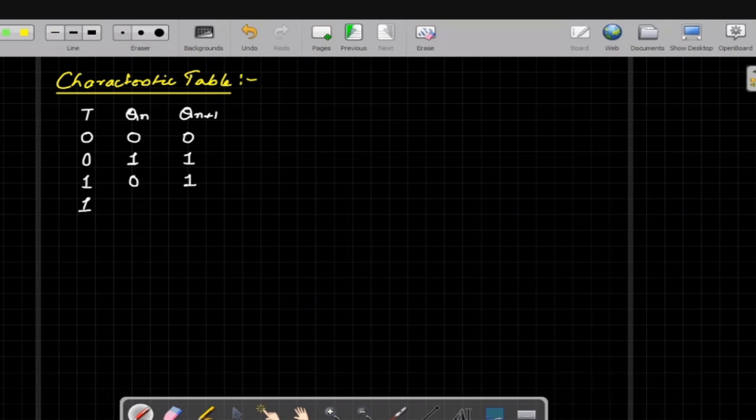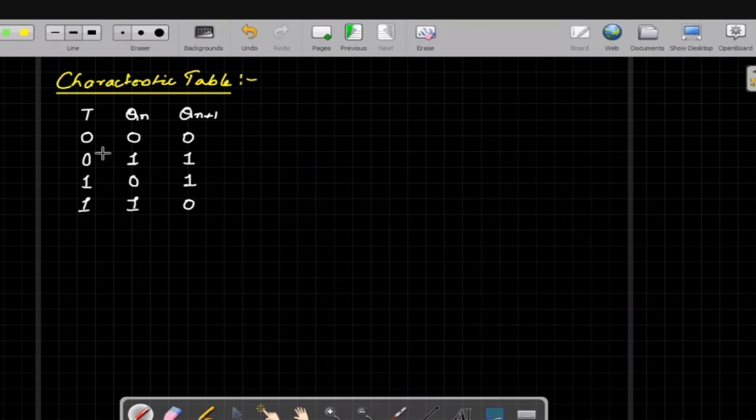Now if T is equal to 1 and Qn is equal to 1, then what is it? 0. Very good, excellent. What I am trying to say is that once your T input changes from 0 to 1, your previous output changes accordingly.